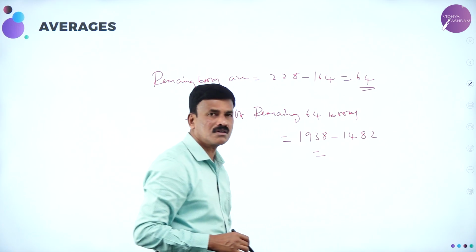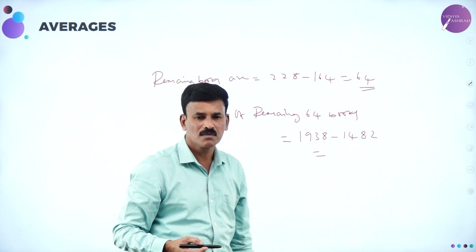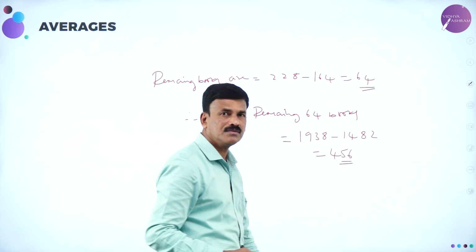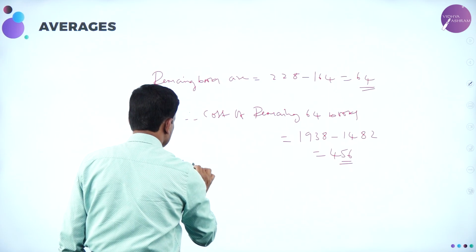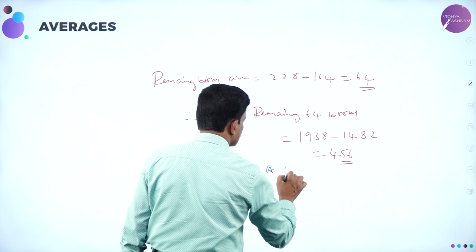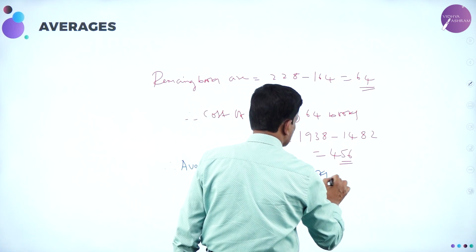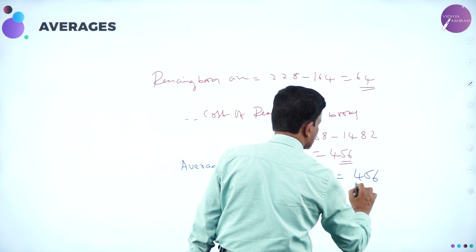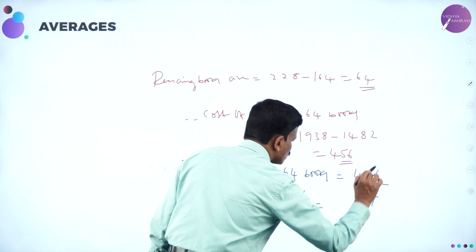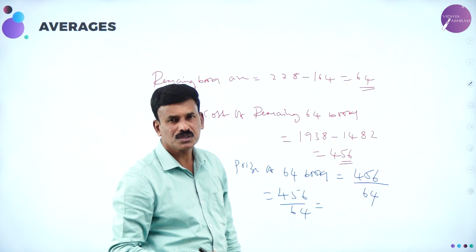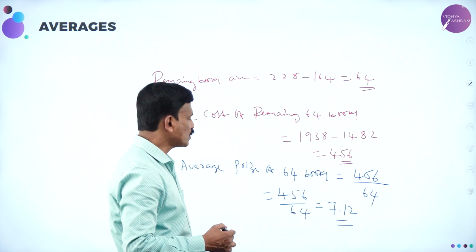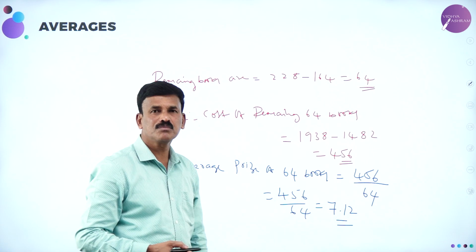The difference will give the cost of the remaining 64 books, right? So, what is this equal to? This is equal to 456. Therefore, the average price of 64 books is equal to 456 divided by 64. 456 divided by 64 will give the average price of the book. 7.125, about 7.12. So, the average price of the remaining books is 7.12.